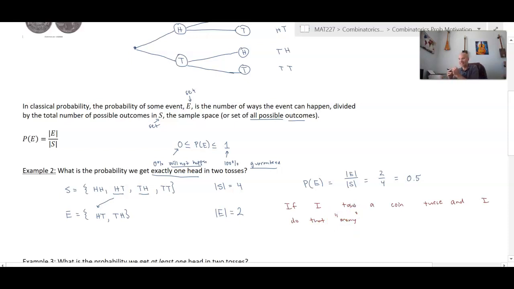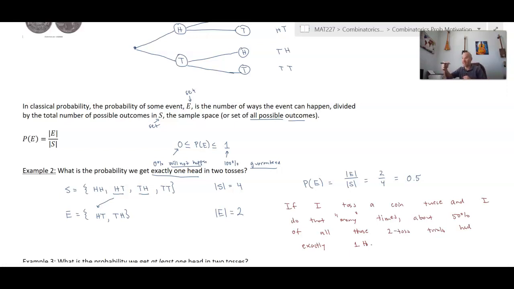At the limit, as the number of times I repeat this approaches infinity, if I toss a coin twice and I do that many times, about 50% of all those 2-toss trials had exactly 1 head.